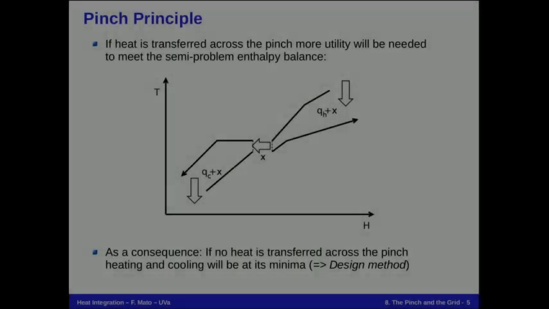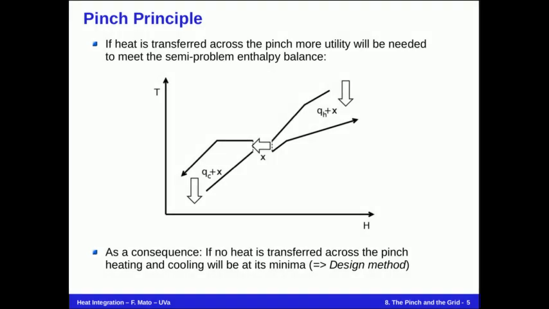The hot semi-problem acts as a sink for enthalpy, while the cold semi-problem acts as a source of enthalpy. This disposition has a consequence. As the energy balance has to be met for any semi-problem, if some heat is transferred across the pinch, then more hot utility, more enthalpy flow from battery limits, will be needed in the hot semi-problem, and more enthalpy flow will be needed in the cold semi-problem.